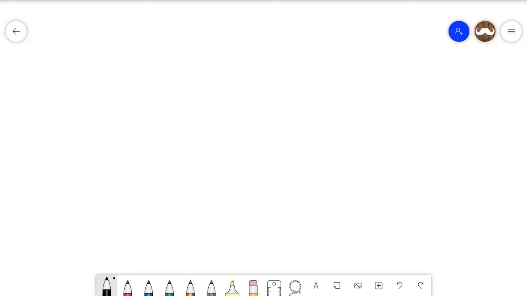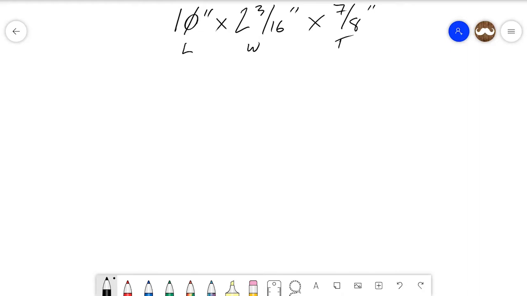The piece of material that we are working with here has the following dimensions. It is 10 inches long by 2 3/16 inches wide by 7/8 of an inch thick. All right, so we have our length, our width, and our thickness. Now remember, our formula for calculating board feet is as follows.